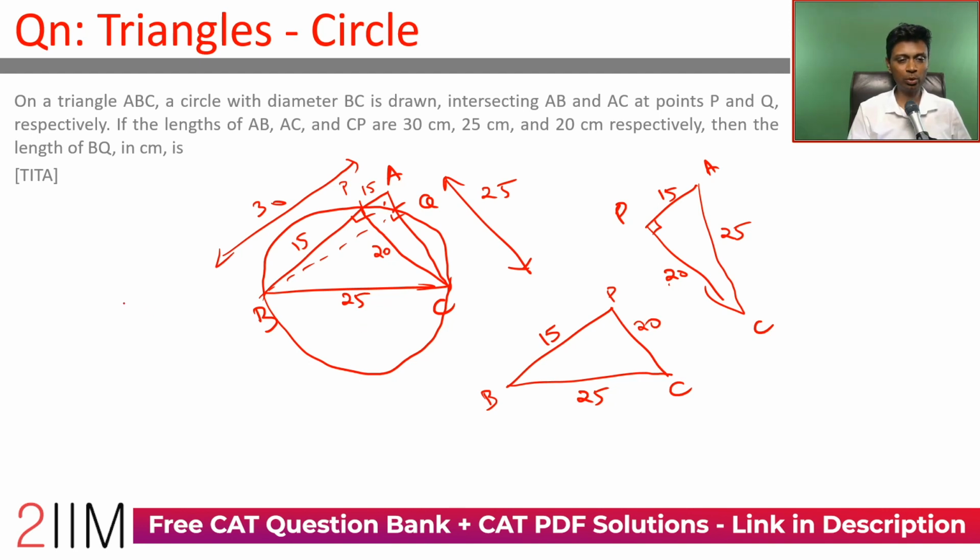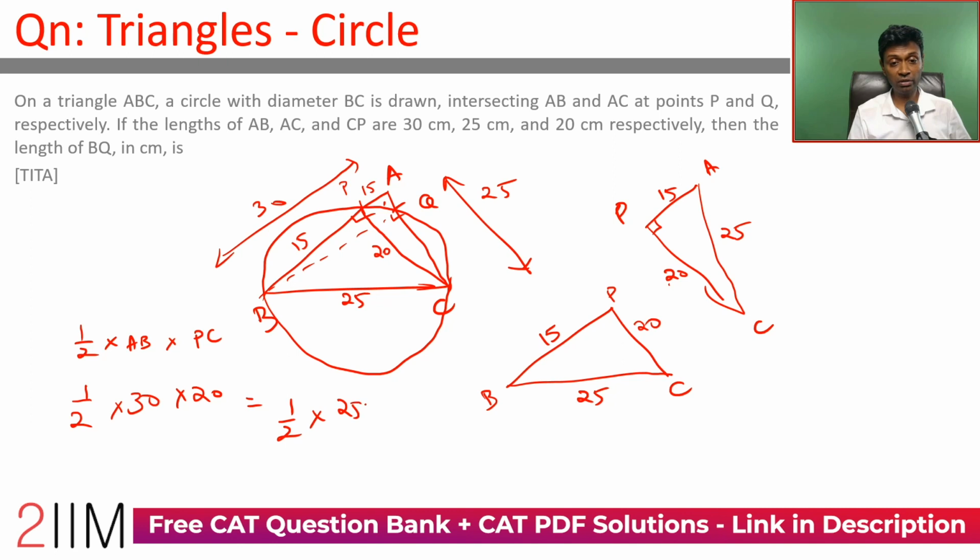Now the best way to do this is using the idea that area of the triangle is half into base into height, which is half into 30 into 20. Half into AB into PC. This also is half into 25 into BQ. 25 is nothing but AC.